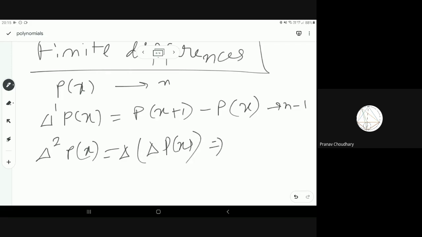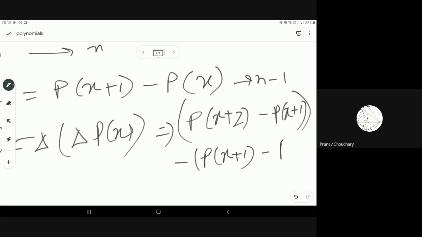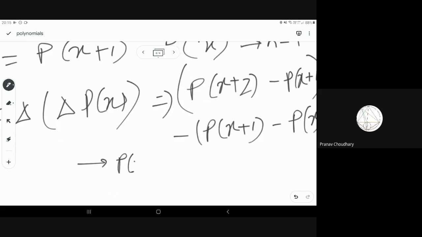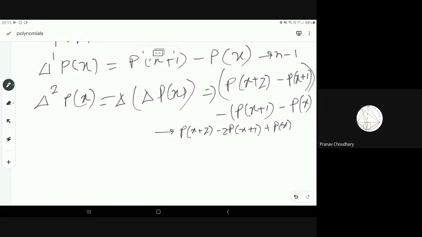So this is basically p of x plus 2 minus p of x plus 1, minus p of x plus 1 minus p of x. So this becomes p of x plus 2 minus 2 p of x plus 1 plus p of x. This is the second order finite difference. And henceforth, you can have third order, fourth order, and so on.